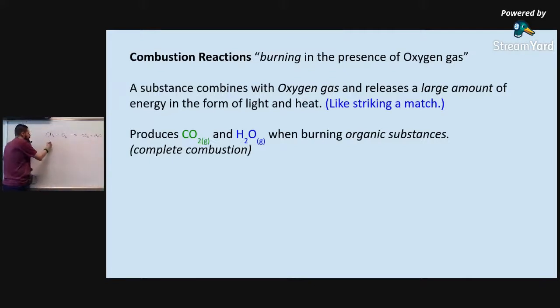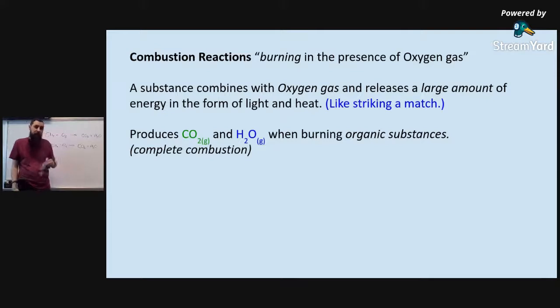Same thing if I took something like C6H12O11, now reacted with oxygen. As soon as I see that the majority elements in this are carbon and hydrogen, making it a hydrocarbon, and it's reacting with oxygen, automatically I'm going to produce carbon dioxide and water. So that is combustion.